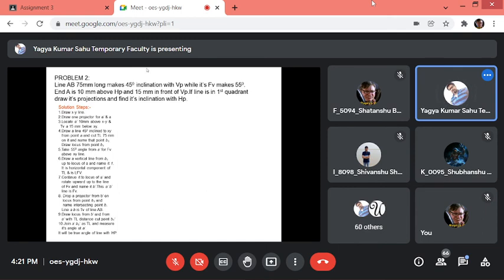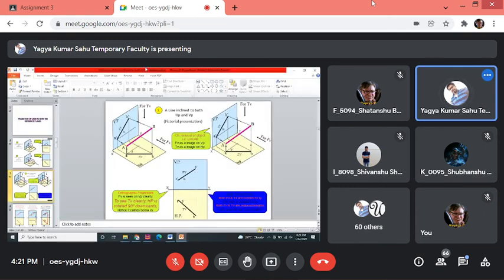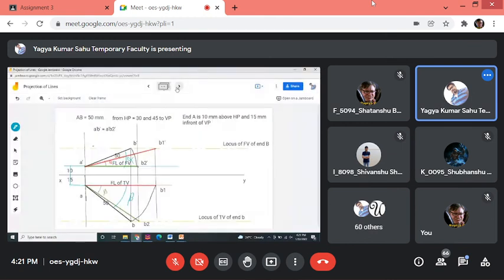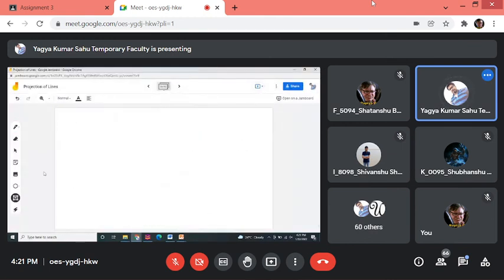Let us solve this question, it is easy here. 75, 45, 55, 10 and 15. See, for that question the length of AB is given as 75 mm.